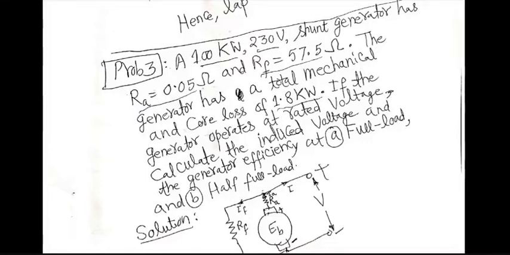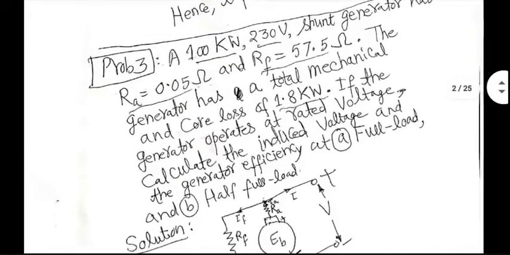If the generator operates at rated voltage, calculate the induced voltage and the generator efficiency at full load and at half full load. Full load means full 100 kilowatt is being drawn. Half load means 50 kilowatt is being drawn. That's how we interpret load generally.